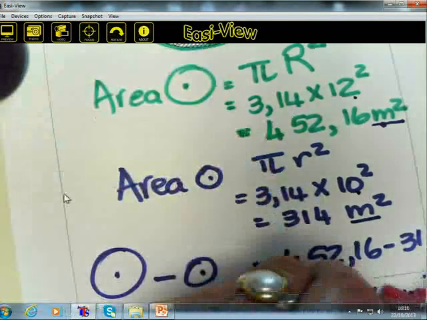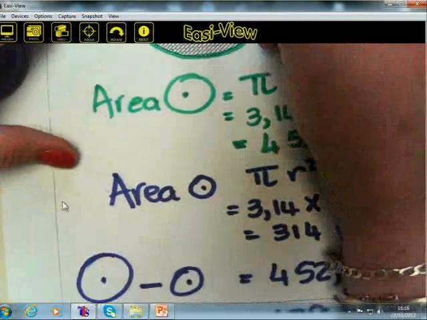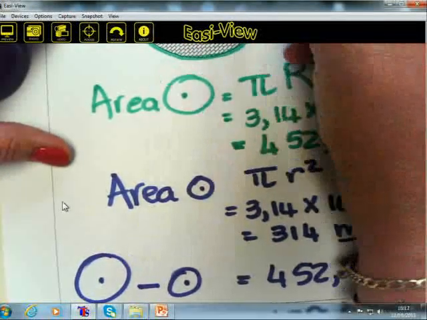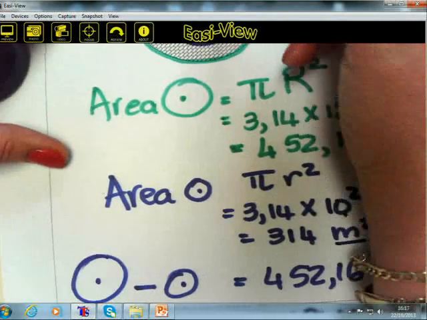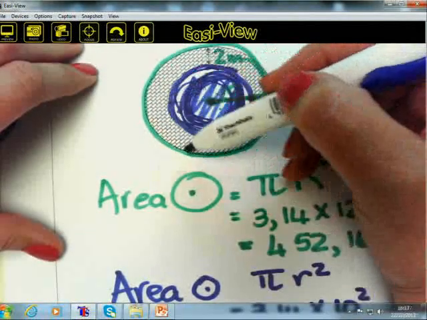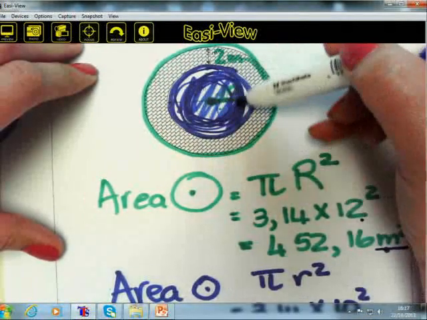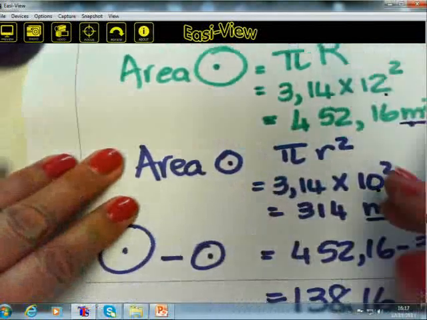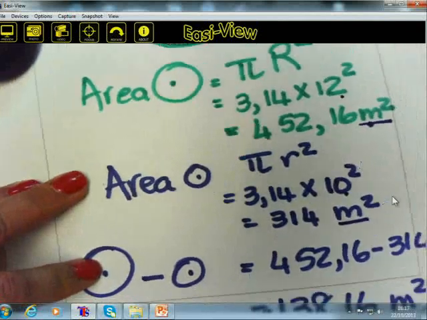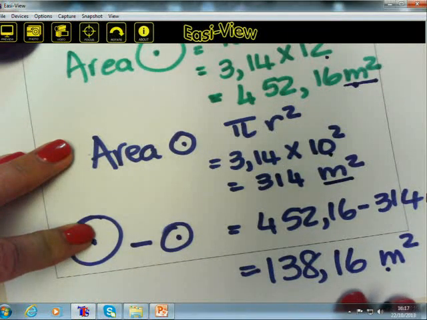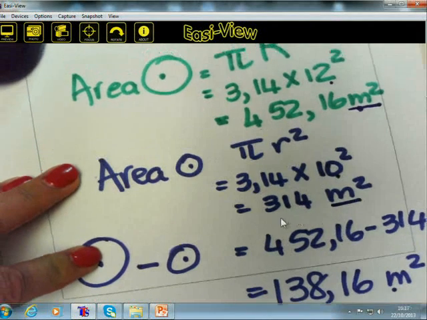And then we subtracted the two because I wanted to cut that out. If I had a scissor now, I would cut this out and throw it away, because I just want the path. I don't want this part. That's why I said the big area minus the small area. And the answer there, 138,16 meters square.